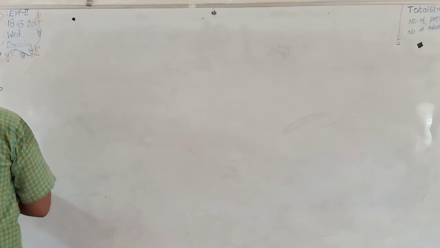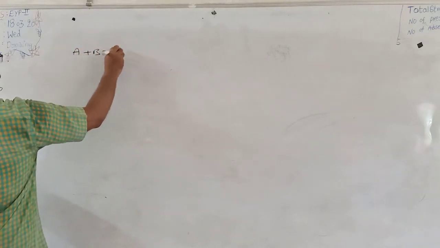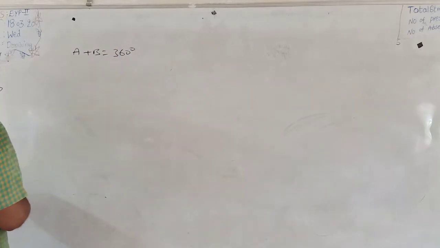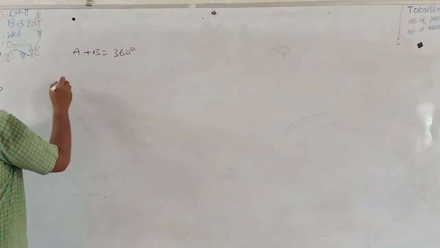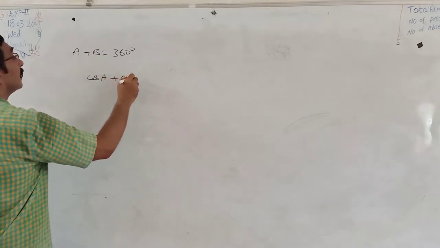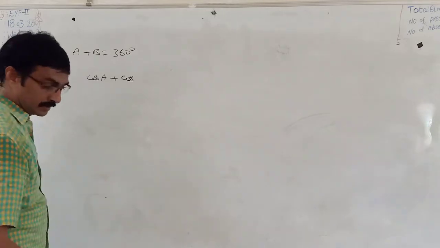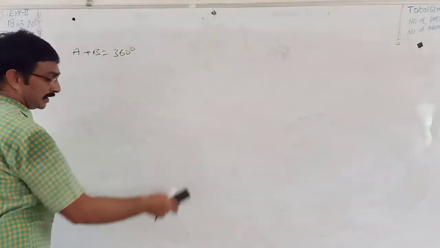See the third standard result. If a plus b equals 360 degrees, then sin a plus sin b.